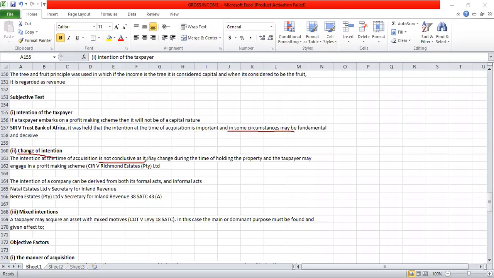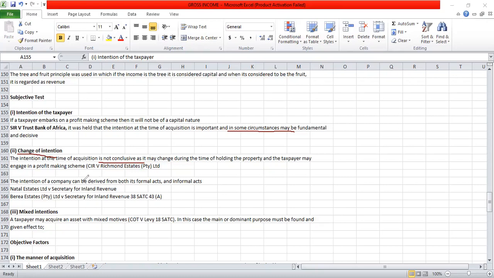That is, in the beginning, although you wanted to make it a capital asset, that means when you sell it, it's not of a revenue nature, but your actions have shown that it was no longer of a capital nature, so it will be included in your gross income. All right.